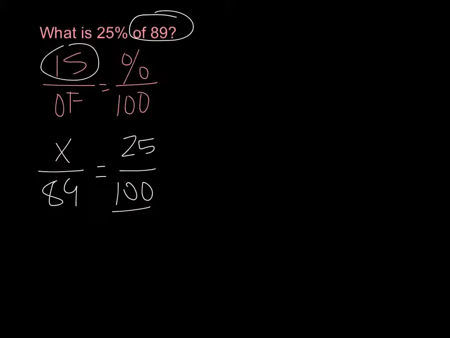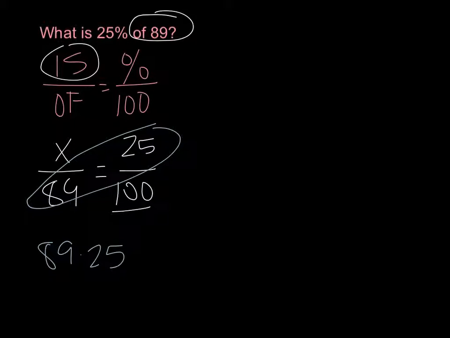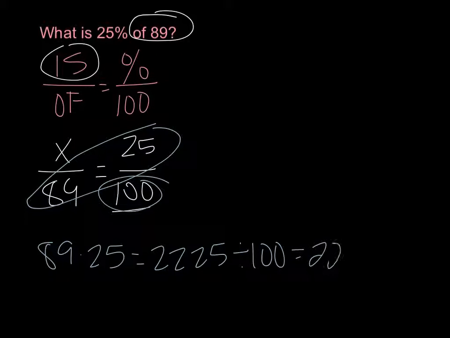This will always be 100 down here. So we cross multiply. 89 times 25 is 2,225, and then we divide that by 100, and we should get 22.25. So 22.25 is 25% of 89.